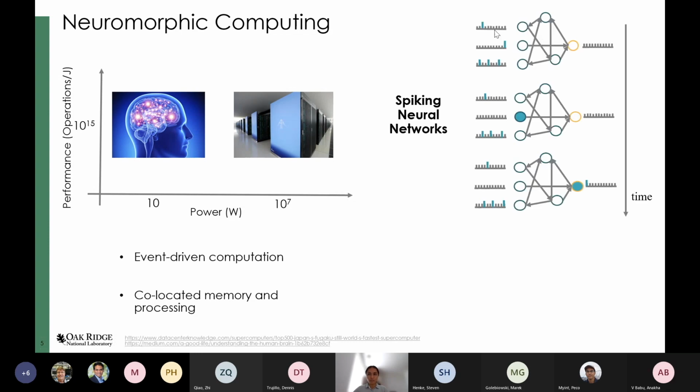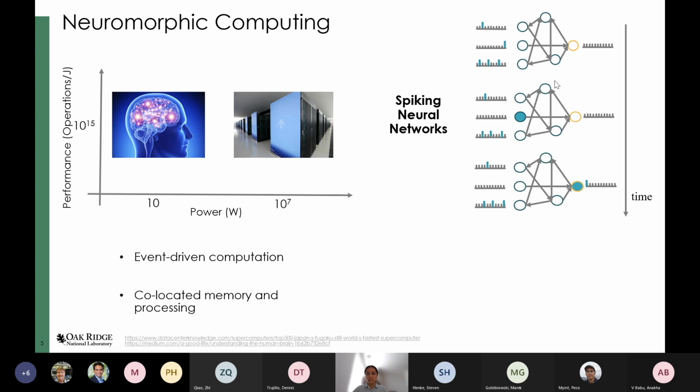The main form of computation that takes place in neuromorphic computing is via what are called spiking neural networks. They're like any other neural network that you find in the machine learning domain, but the difference is that they operate on what are called spike trains.